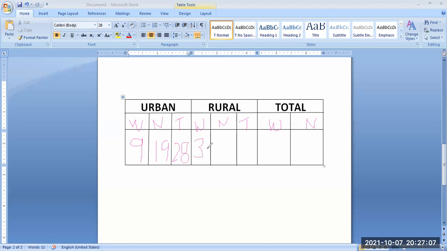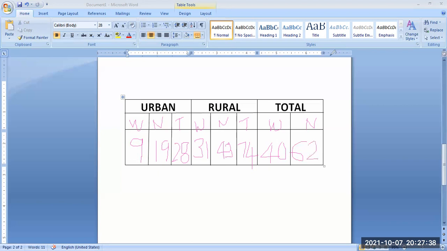Very good. Then non-workers, how many? 43. Total 74. So in Indian population, how many workers are there? 31 plus 9, 40. How many non-workers are there? 43 plus 19, it is 62.